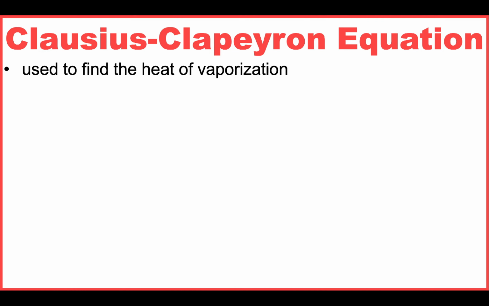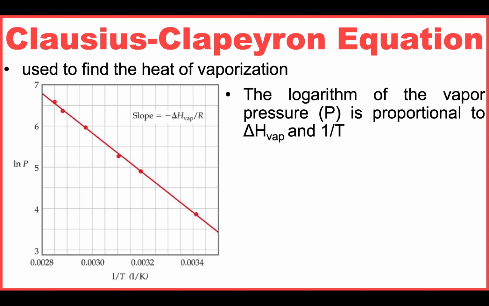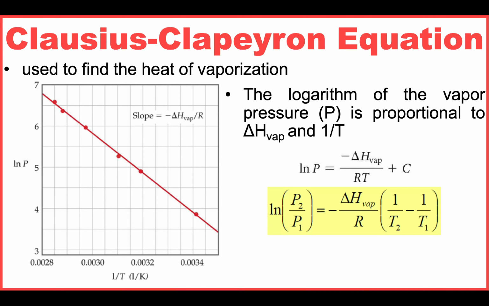Now, I will introduce you to an equation that describes the linear relationship between temperature and vapor pressure, which is the Clausius-Clapeyron equation. I'm not sure how you pronounce it, but it is used to find heat of vaporization. So the logarithm of the vapor pressure is proportional to the molar heat of vaporization. So we will have this formula.